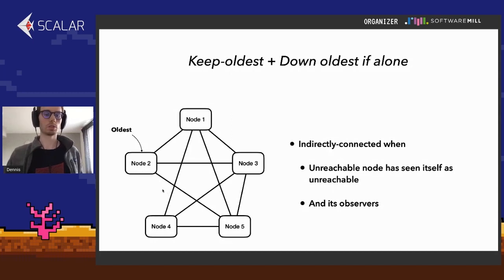And then also by symmetry, the one that also observed that node as unreachable will also be tagged as indirectly connected. Lithium will handle these. So now we don't have only reachable and unreachable nodes, we also have indirectly connected nodes, and the indirectly connected nodes will be handled differently and be automatically downed. So these kinds of split brains cannot happen anymore.